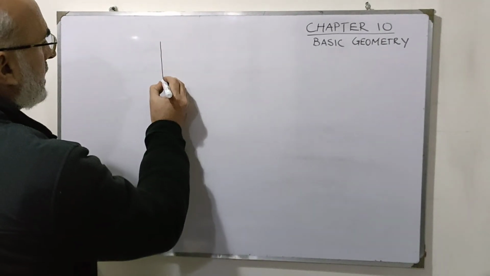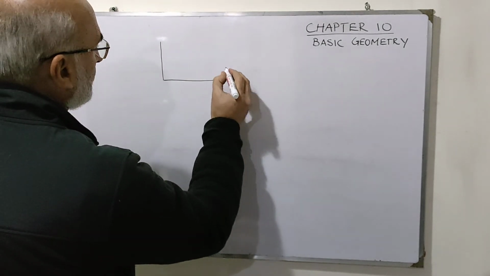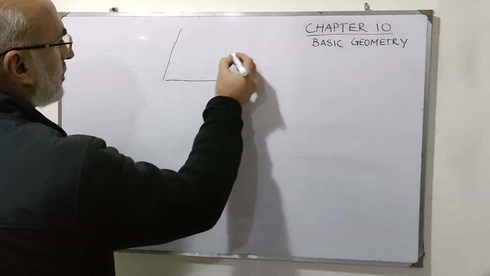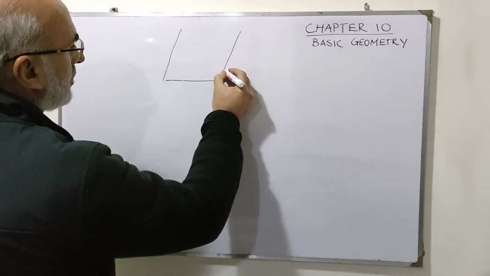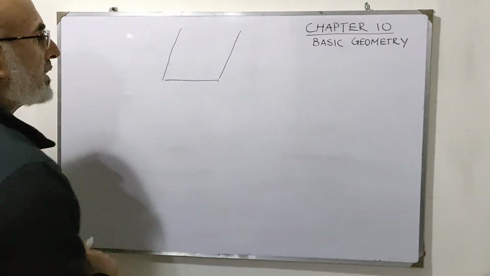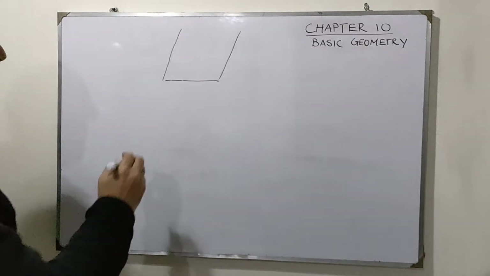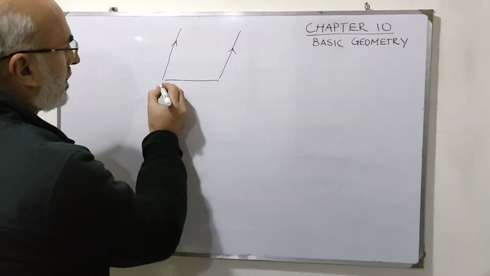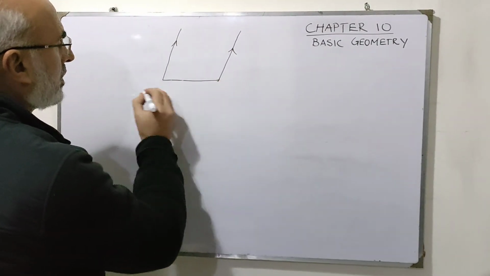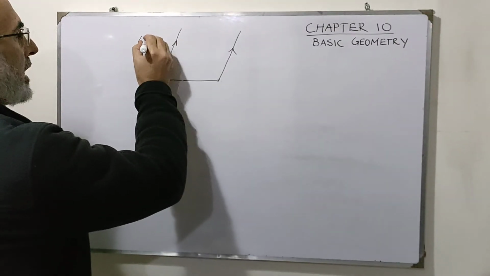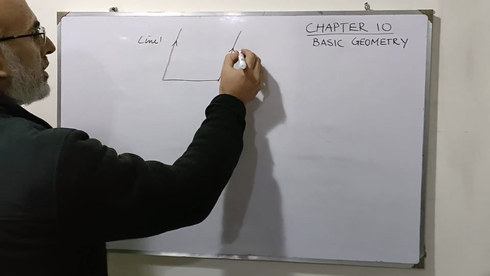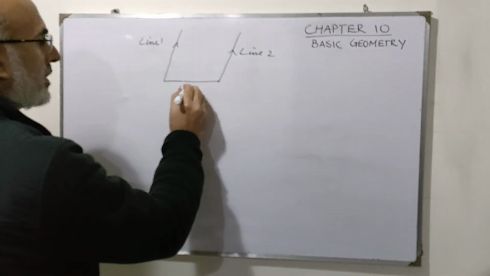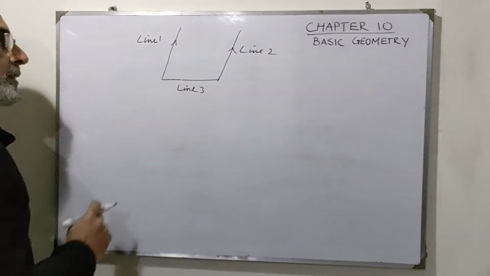I might have a situation like this, okay, and suppose that these two lines, this is line 1, line 2, line 3, right?